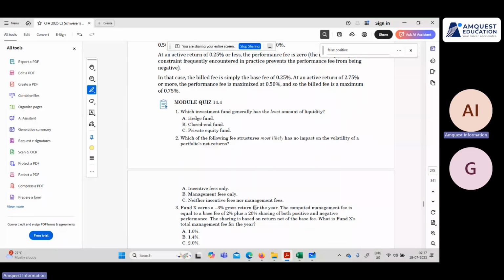Yeah, okay. So it'll be 2%. How? He just makes the base fee. He would actually have to make 4% to get any profit sharing.